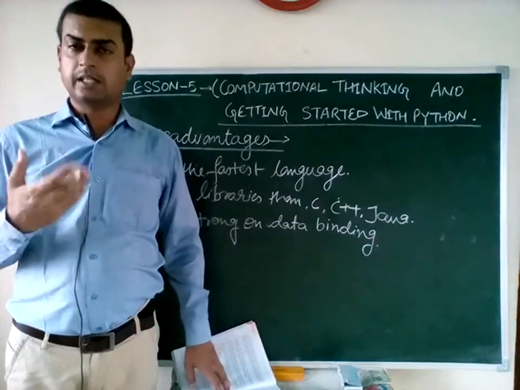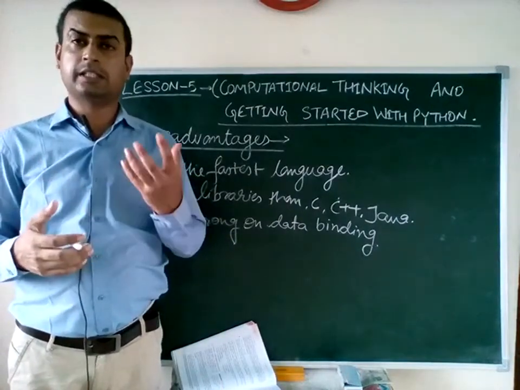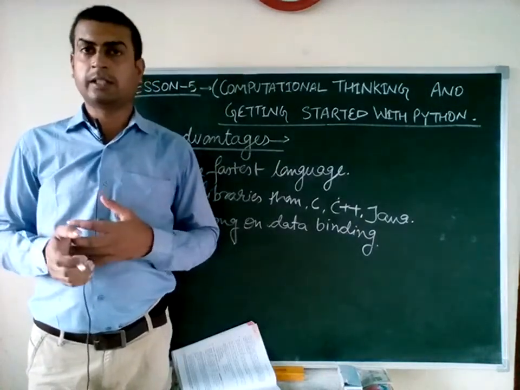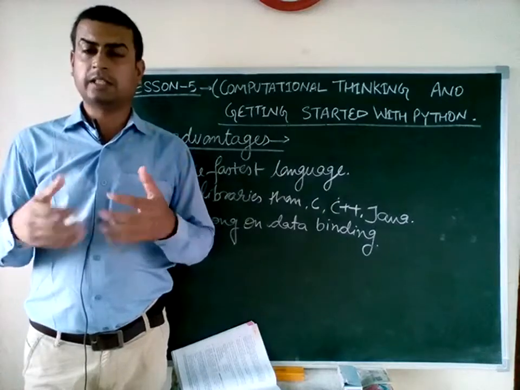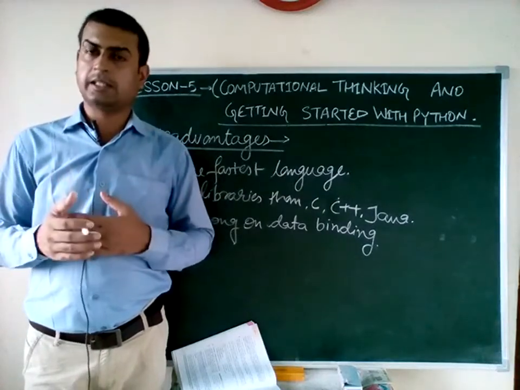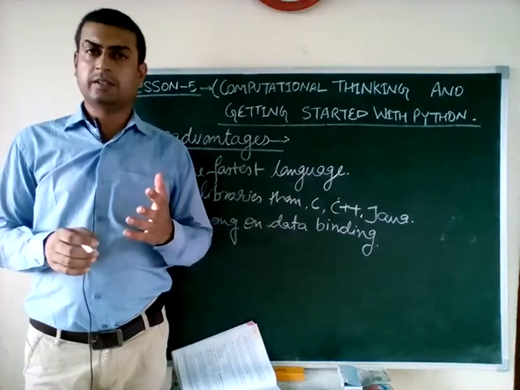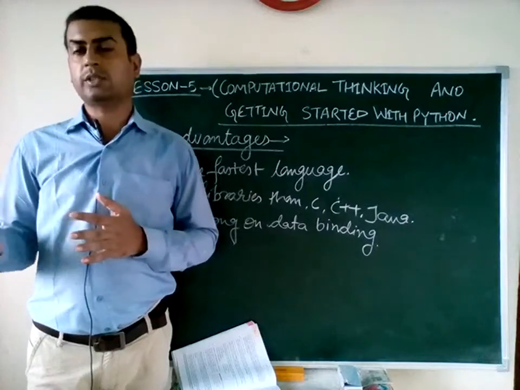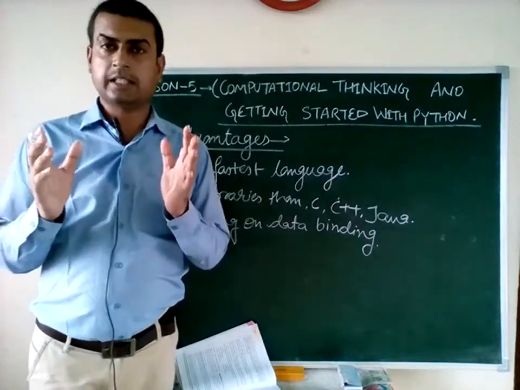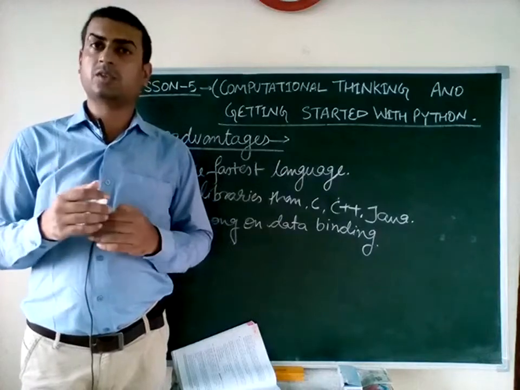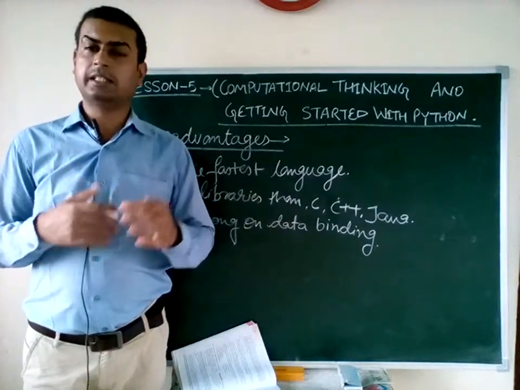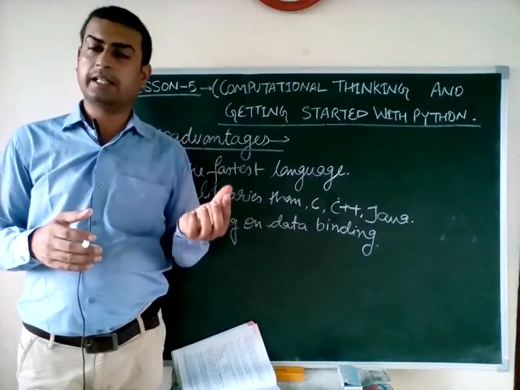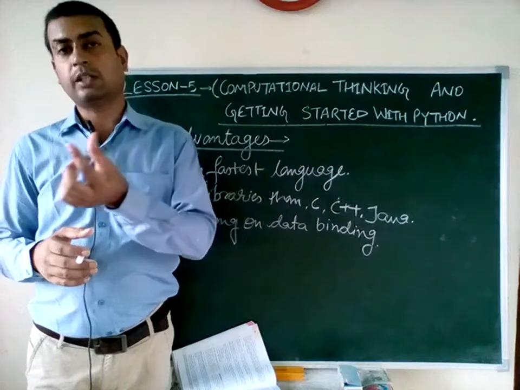The computer will itself understand what type of data it is. Means if you are writing a is equal to 10, then the computer will by itself understand that a is 10, means it is integer. Second point, in Java or in C++, we declare the data types, means int a is equal to 10. So the computer will not understand anything by itself, it will follow our instructions. We have said int a equal to 10, it means we have given the instruction that a is of integer type and it will hold the value 10.